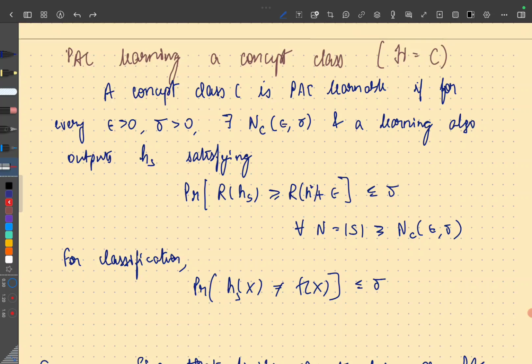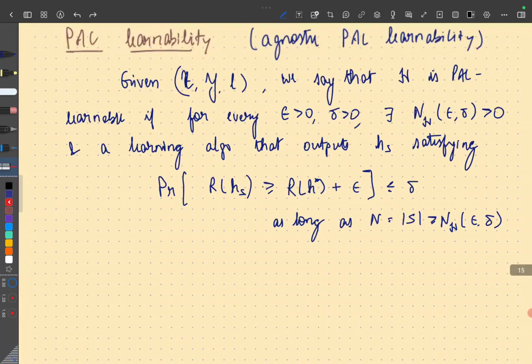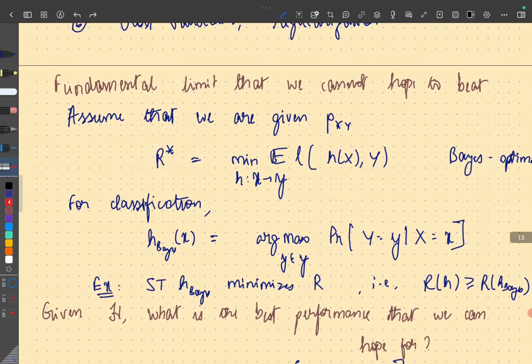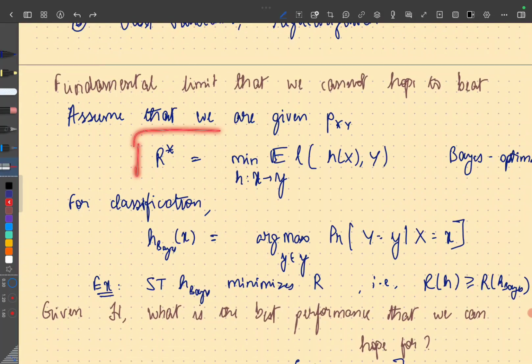Is R star independent of the hypothesis class? Correct. So the base risk does not depend on the hypothesis class.